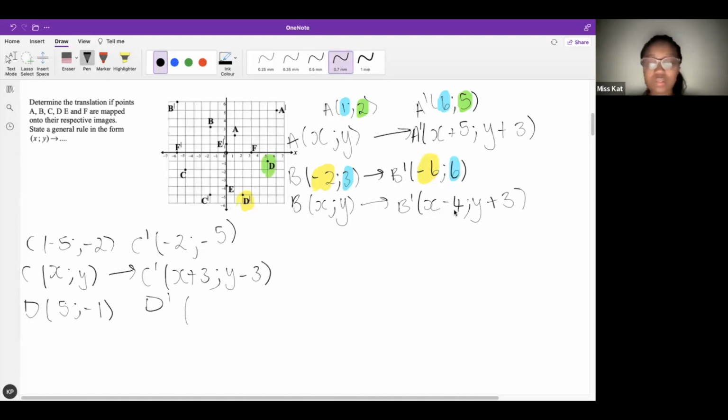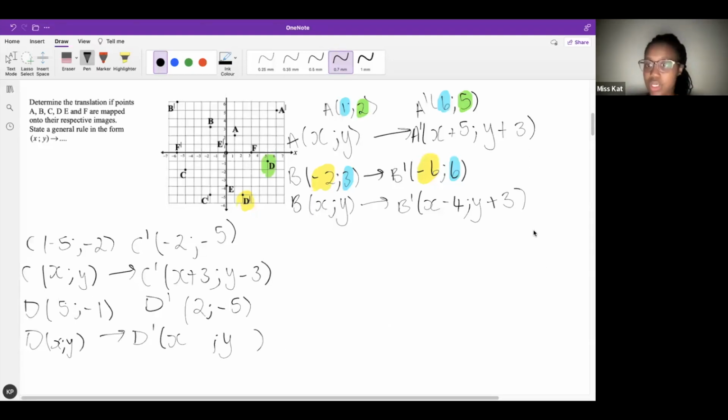Yes, it is. D prime is 2 and -5. So what's my rule? If D is X and Y, then D prime will be... what will D prime be?